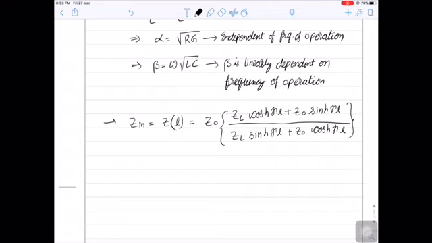You can express it in another way also, that is Z0 (ZL + Z0 tanh γl) / (Z0 + ZL tanh γl).